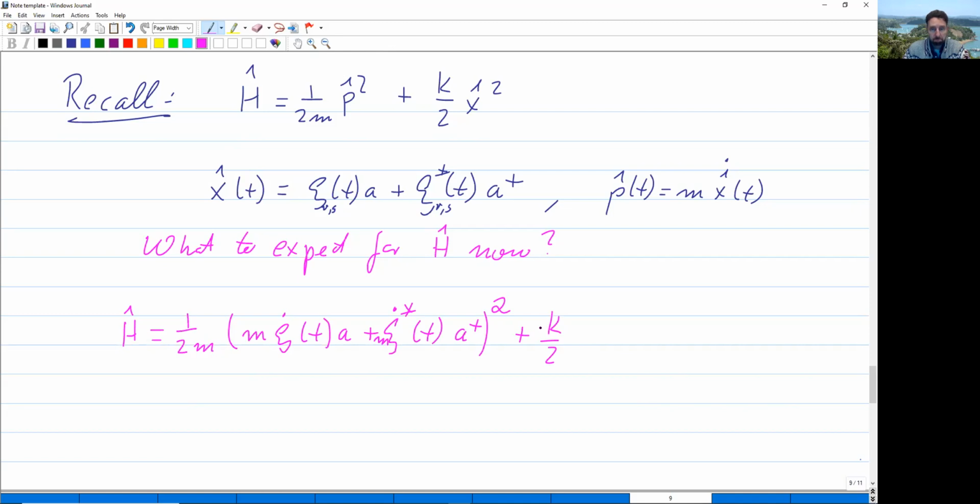Here's the x hat. We have to square that thing. So it's psi of t, a plus psi star of t, a dagger, and we square that.